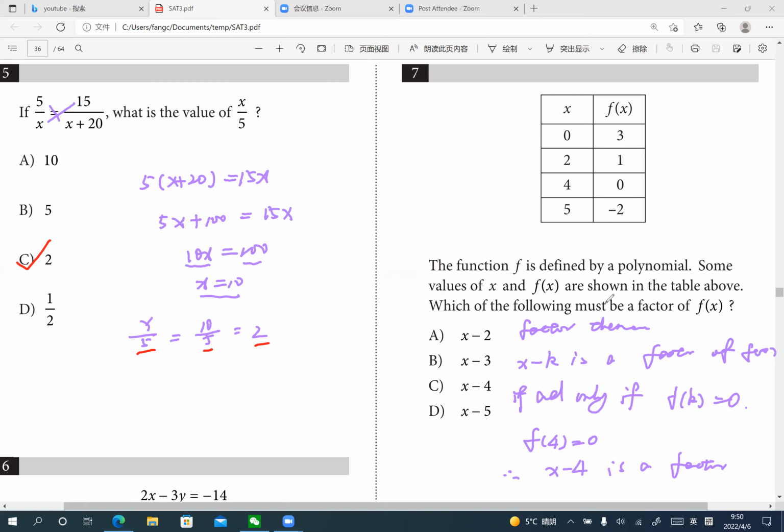According to the factor theorem, x minus k is a factor of f of x if and only if f of k equals 0. From the table above, we can tell f of 4 equals 0, which means x minus 4 is a factor of function f of x. So we should choose option C.